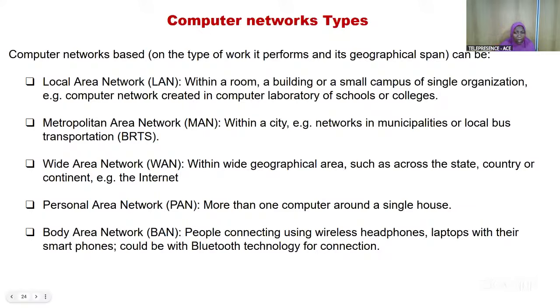It could be a WAN, such as across a state or a country. It could be a personal area network, where computers are connected within a single house. Or it could even be a body area network, where you have your wireless headphones and wearables on your body. These are the types based on geographical span or reach of your network.